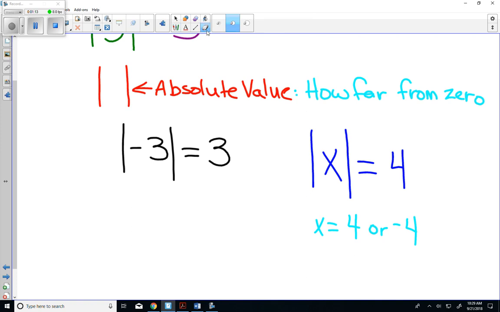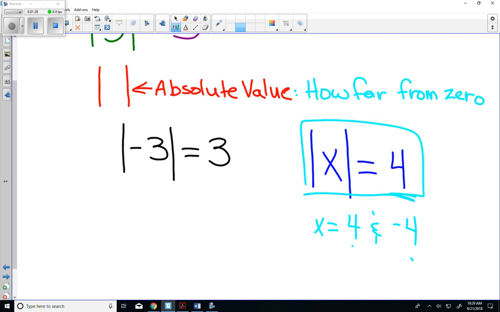Actually, we should say and, because both 4 and -4 are 4 away from 0. So if you look at this statement and then that one, when you get rid of the absolute value symbol, this number turns into both the positive and the negative of it, providing that this is a positive number or 0 to begin with.